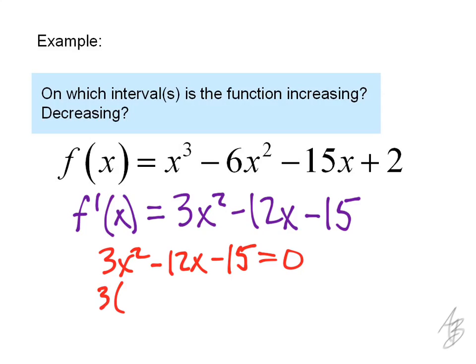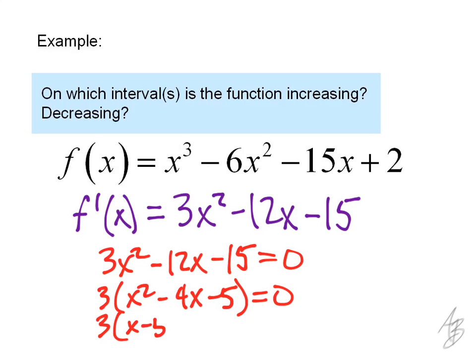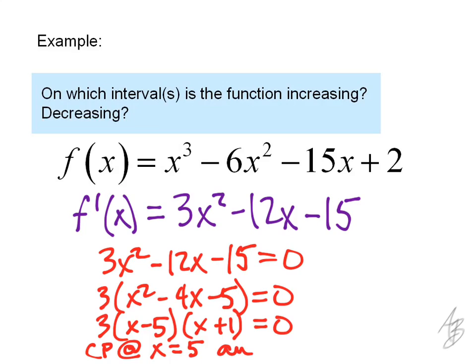So we get 3 times the quantity x squared minus 4x minus 5 equal to 0. 3 times x minus 5 times x plus 1. So finally, we know that we're going to have critical points at what? x equals 5 and x equals negative 1.